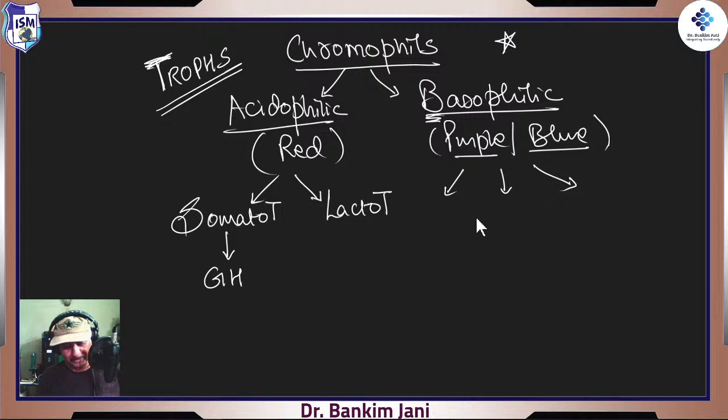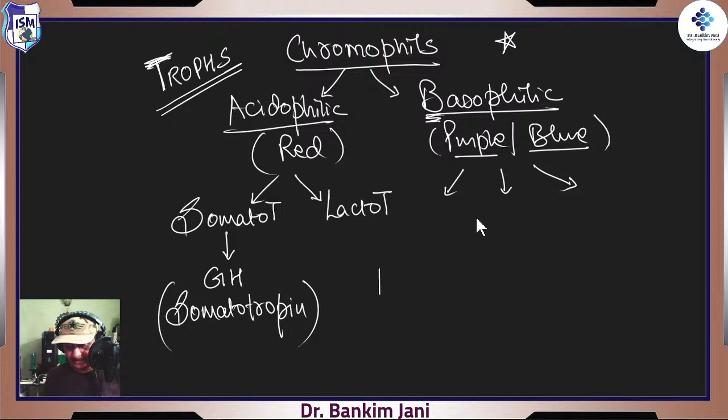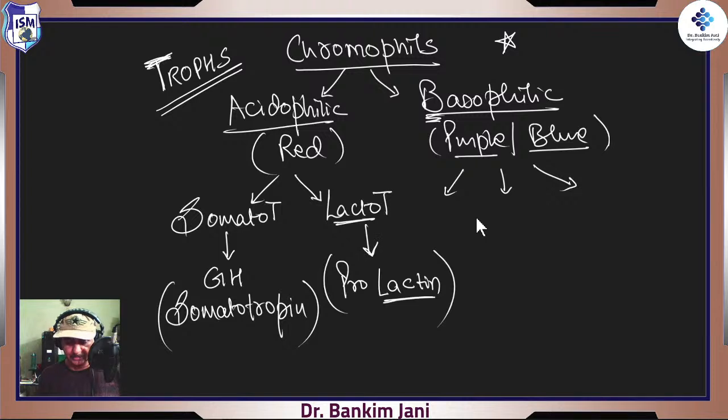Why growth hormone and somatotroph? Because another name of growth hormone is somatotropin. Good. And lacto is the prolactin. These lactotrophs are the cells which release prolactin. They are acidophilic. Somatotrophs release GH or somatotropin.